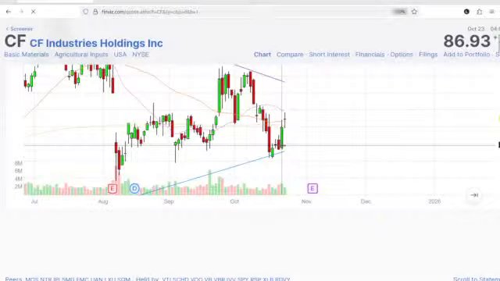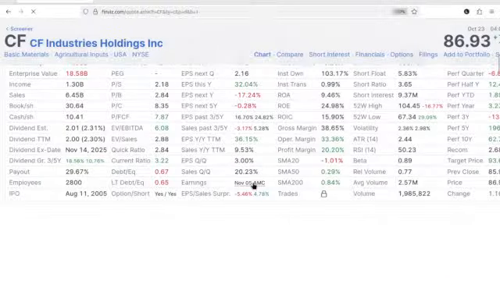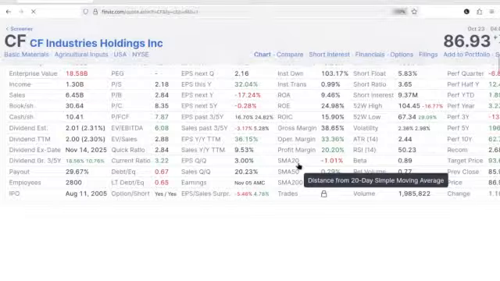It appeared right there. This looks like a long-legged doji to me. The earnings is coming out on 5th of November after market open. This earnings is basically the catalyst, and that's why I think this stock is pretty good. Again, you have to make sure it's below the 20-day moving average, as you can see here.